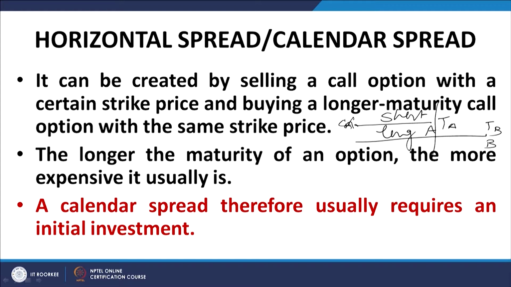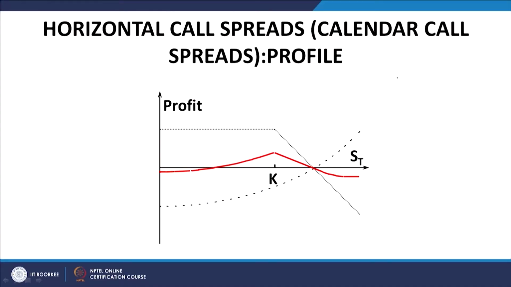Now, let us do the analysis. Let us start with both the options being way out of the money. Let us say, since we are dealing with call options, S T A is very much less than K, where K is the strike price.